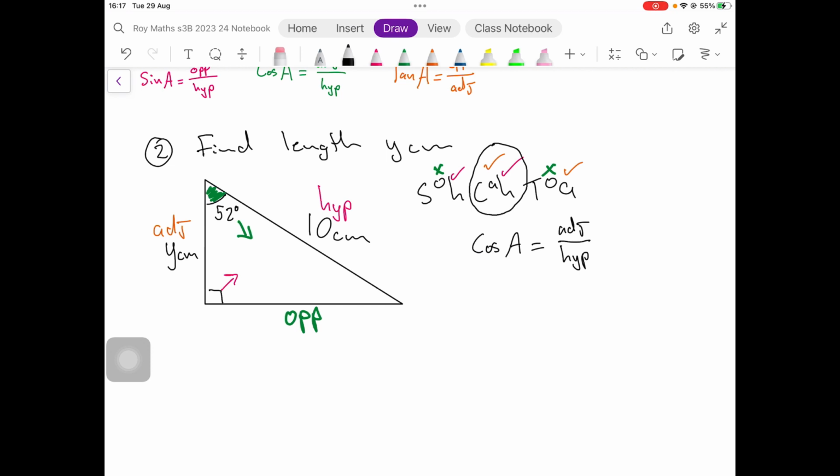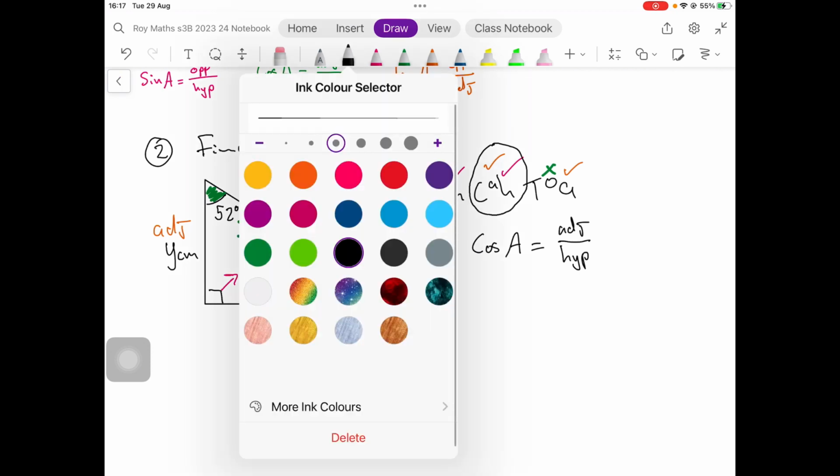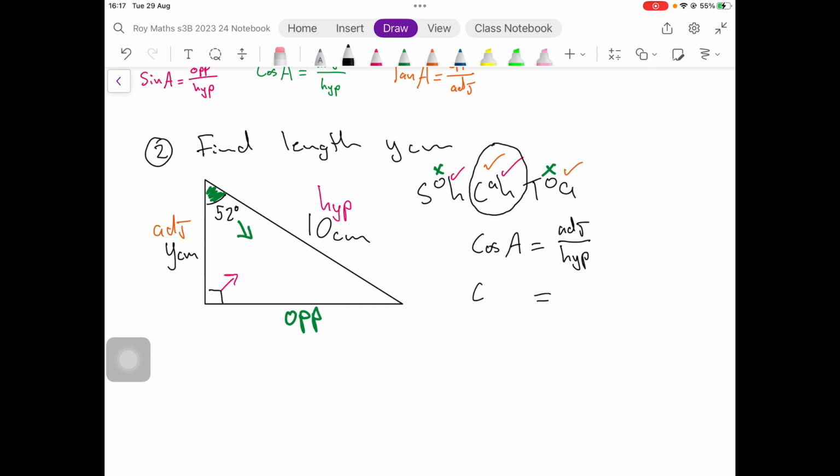Now, we go in the line below and we copy this out again, but I'm going to leave blank the values that I have to substitute in. Cos of A for angle, well, what is the angle in this question? It's 52. So we substitute in our 52.